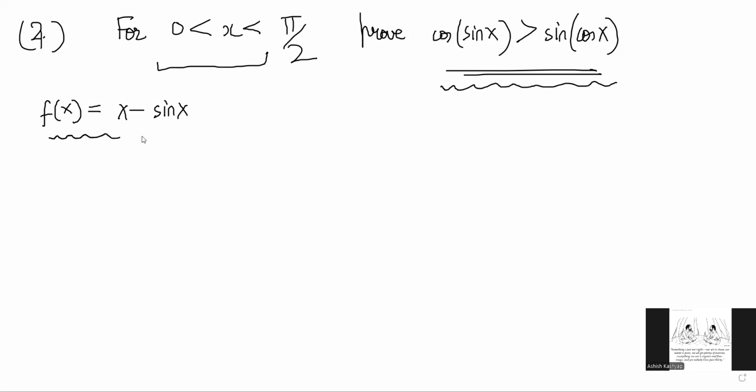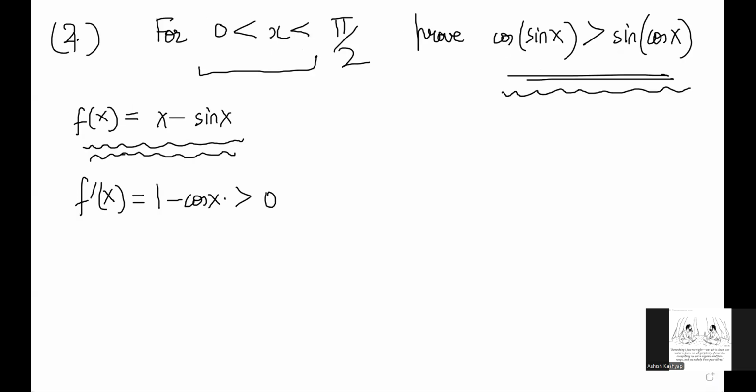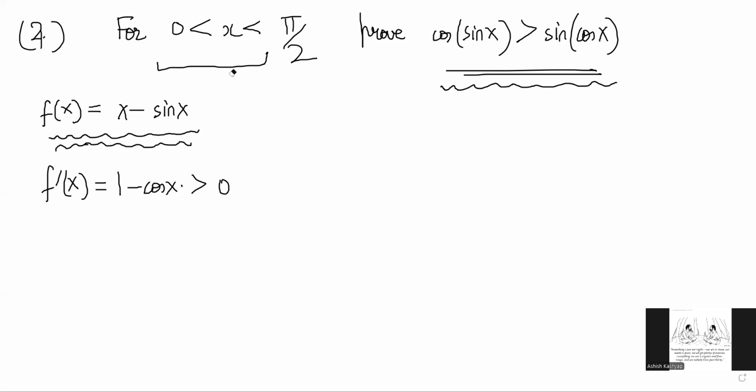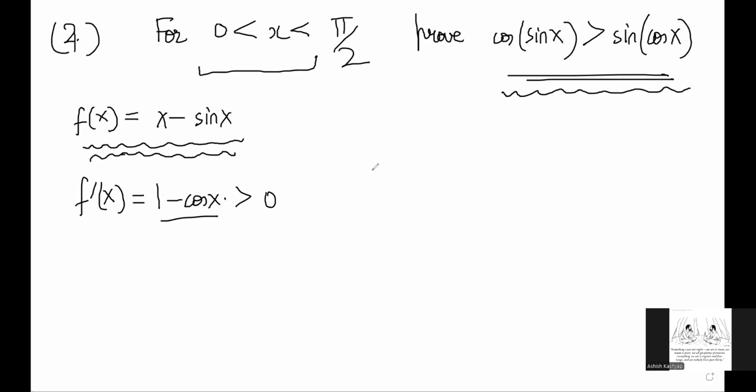Okay, f of x is equal to x minus sin x is my appropriate function that I can think of here. If you take the derivative, you will realize it is 1 minus cos x, and that derivative is clearly greater than equal to 0. Actually, it is greater than 0 because our x is not equal to pi by 2, right?